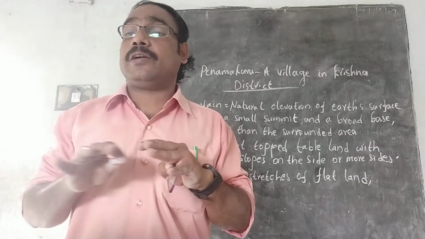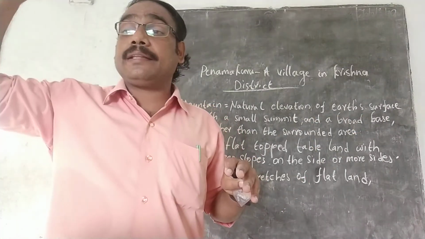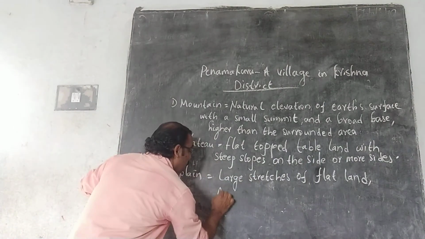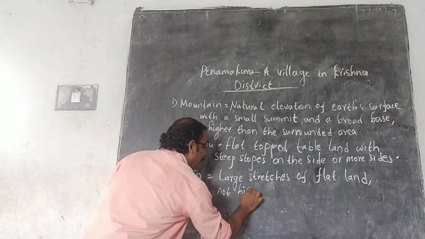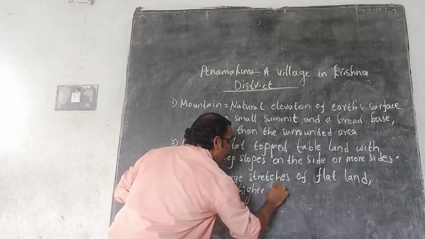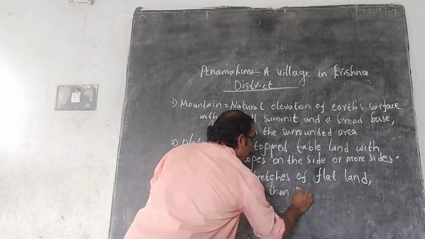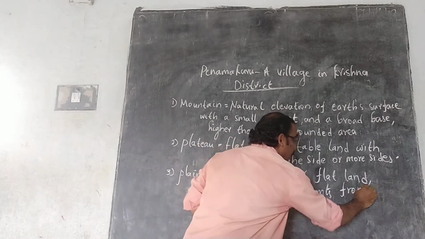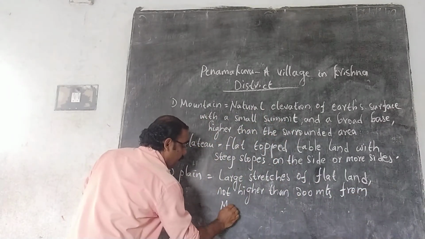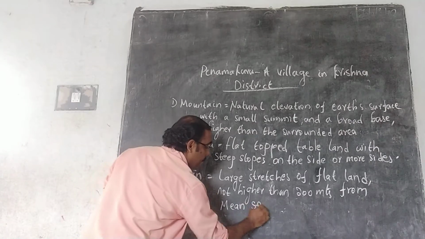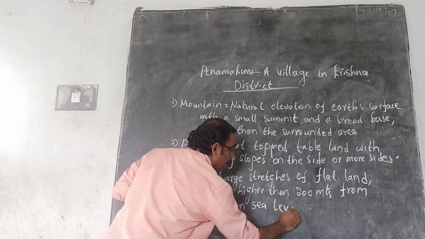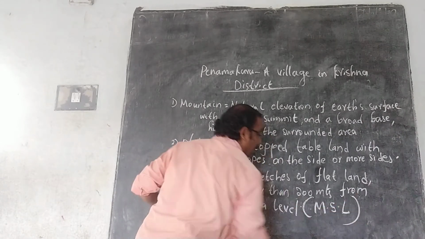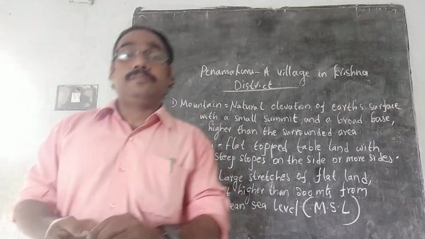So large stretches of flat land not higher than 200 meters from the mean sea level. The short form is MSL, mean sea level.